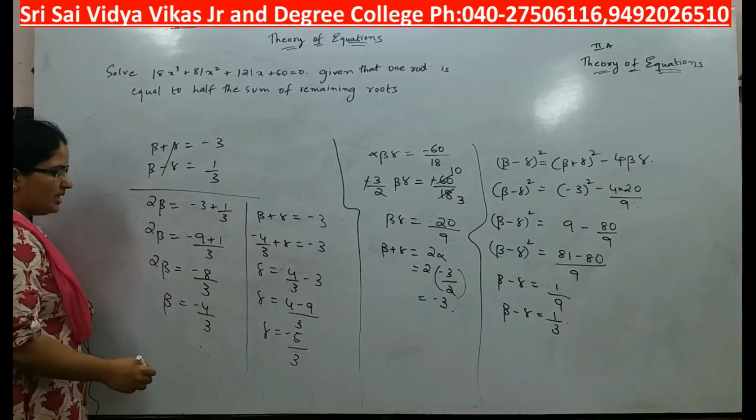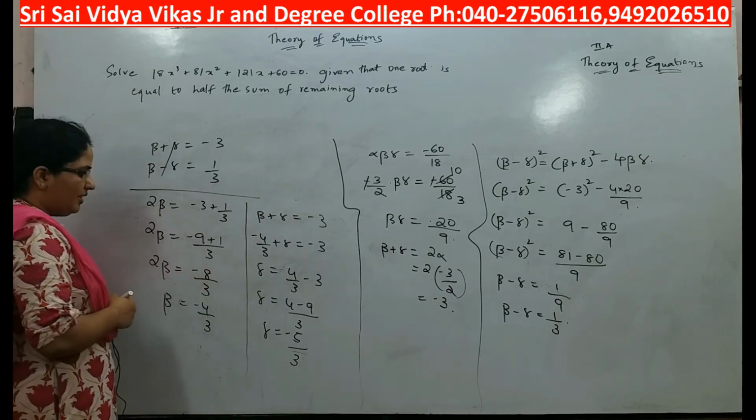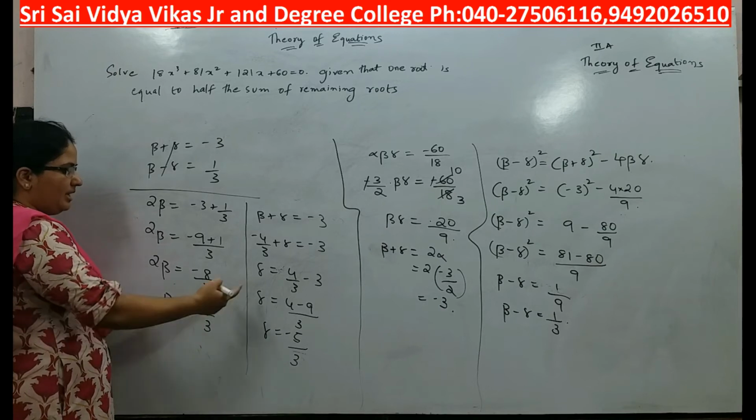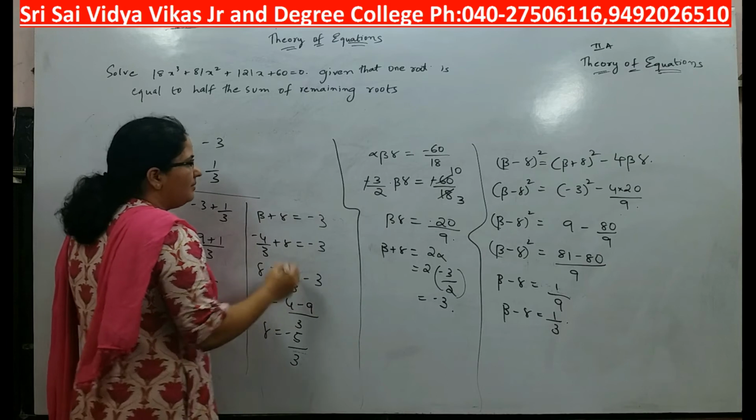So therefore the roots are, what is alpha that we got? Minus 3 by 2, minus 4 by 3, minus 5 by 3. Therefore, I will write the statement here.